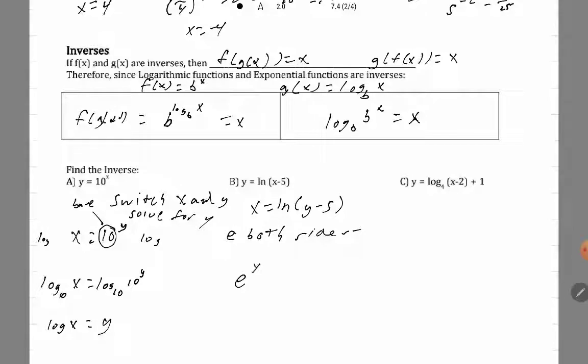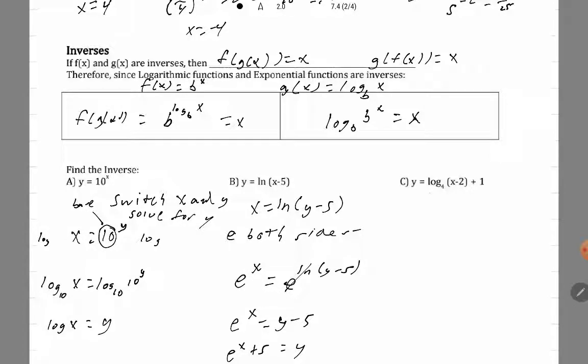So e to the x is equal to e to the ln of y minus 5. Those cancel, and I'm left with e to the x equals y minus 5. And then lastly, I'm still solving for y. Just move 5 over. So I have e to the x plus 5 equals y.